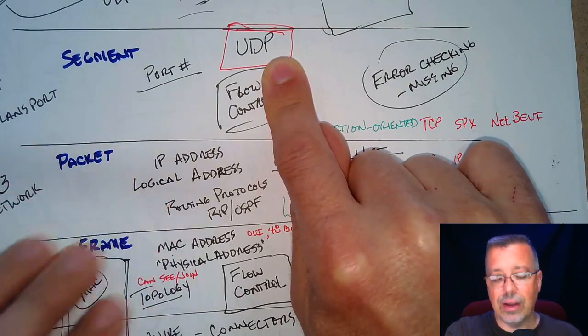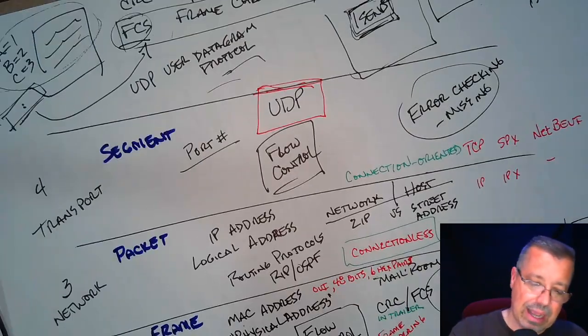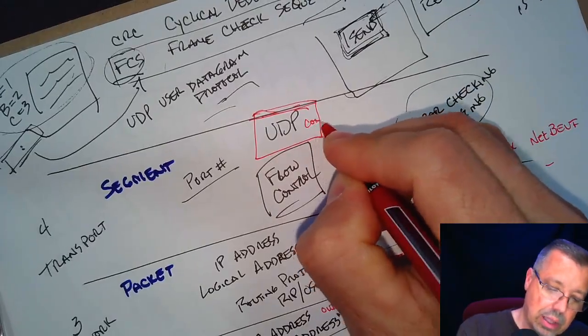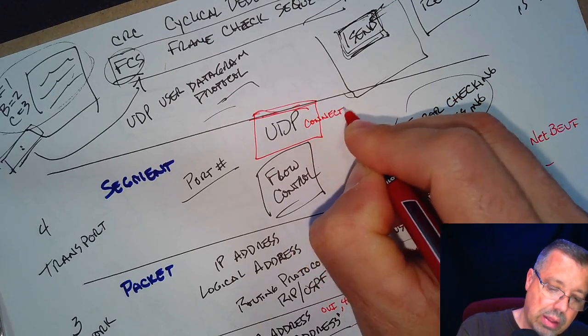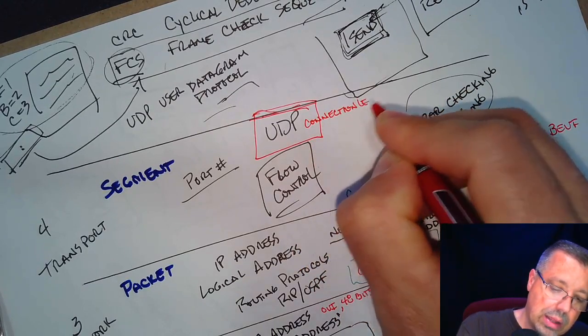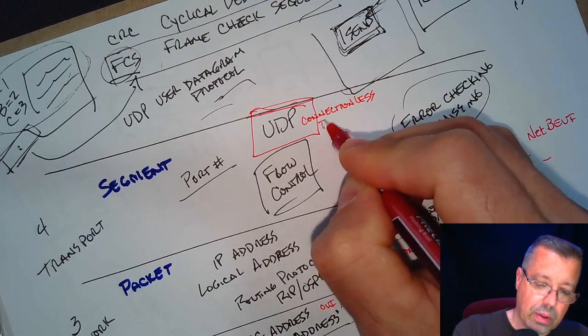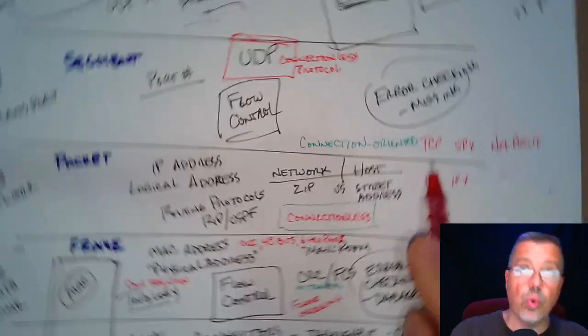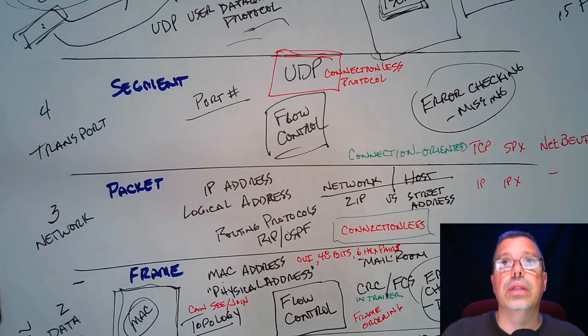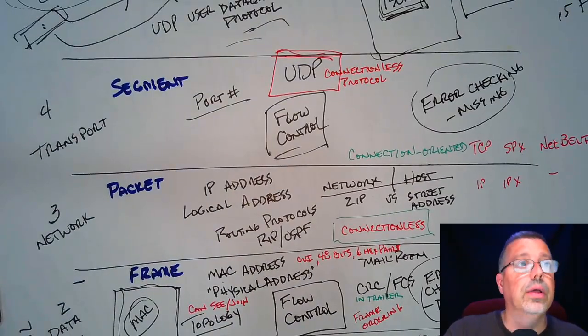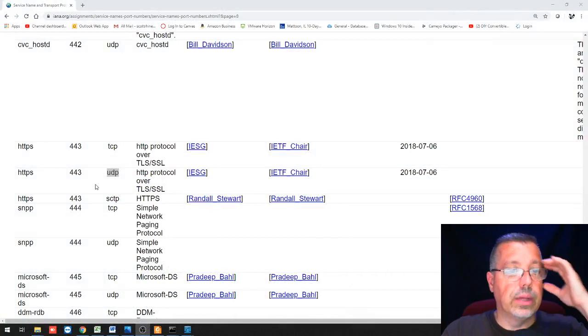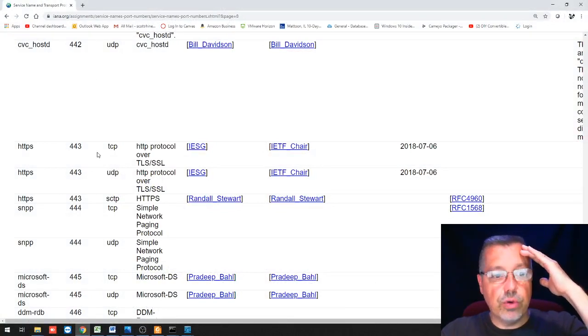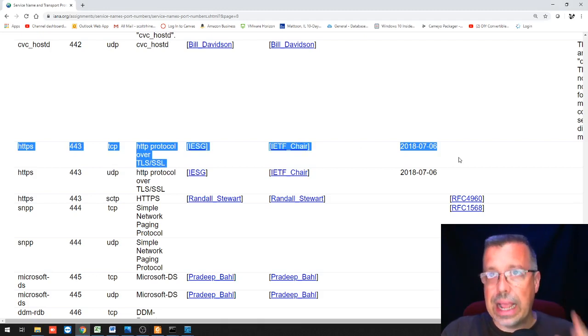So User Datagram Protocol is a connectionless protocol operating at a connection-oriented layer. Now, the question is why? Well, we go back to this, and this is why. If we're transporting data, data is really important and it has to all get there.